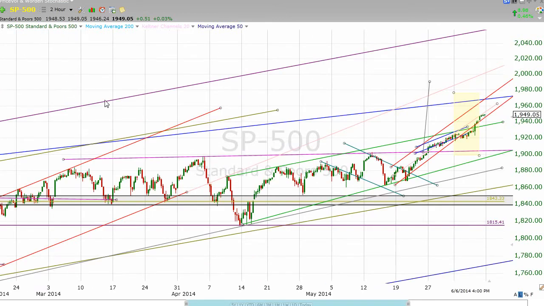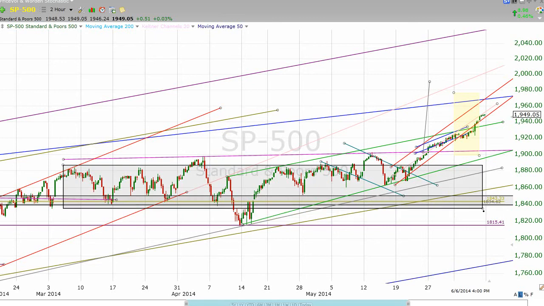Now, another thing happened that I want to point out. You'll recall that there was a while when we were stuck in this pattern for about 13 weeks. There was a while when the pattern appeared to be more of a rectangle, and I was discounting this little punch up over here.